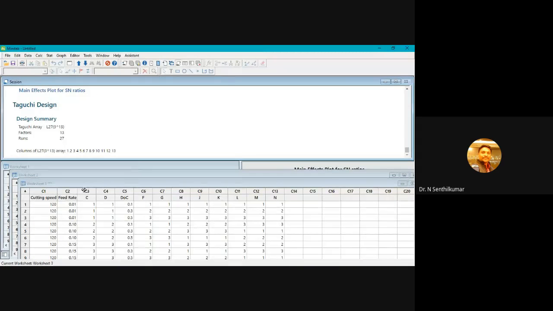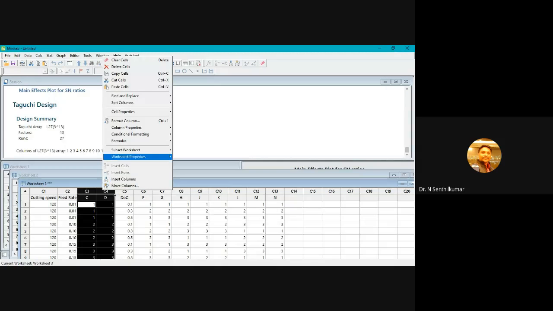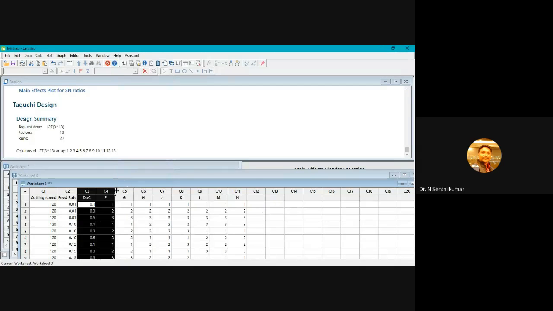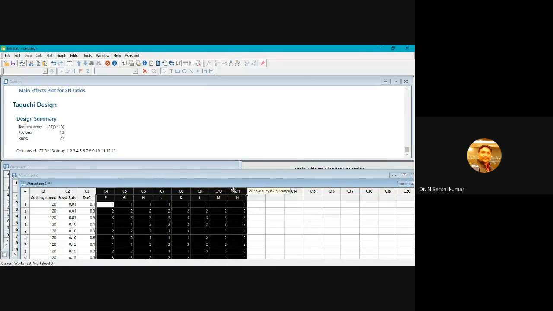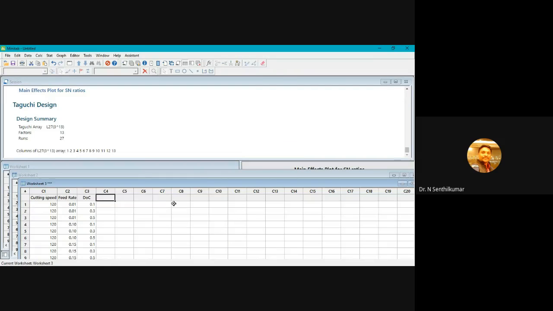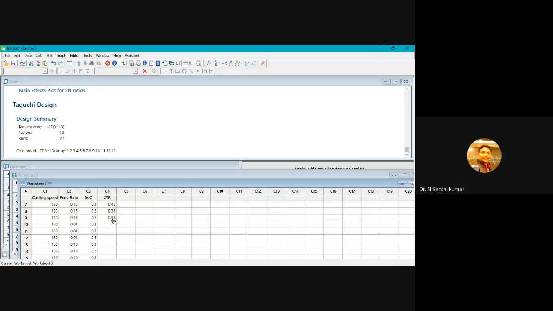Now I have to delete these 2, and apart from this, I can delete these columns also, because I am not going to use them. This I am going to use for CTR. The same values I am going to repeat.